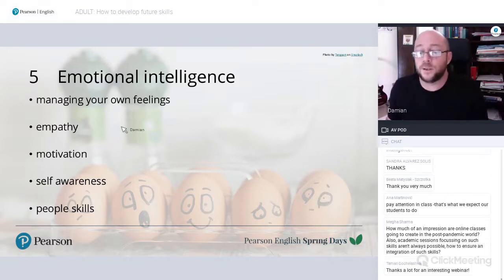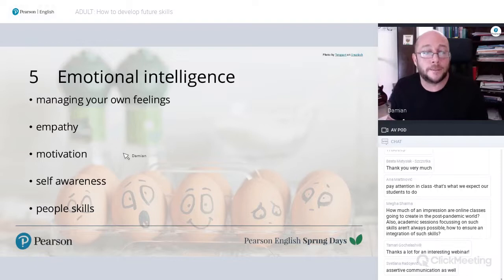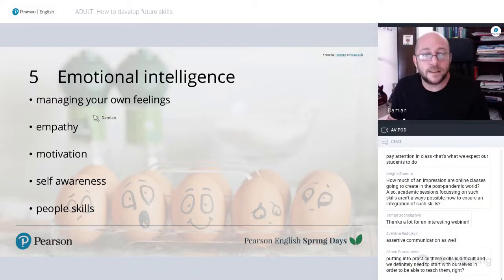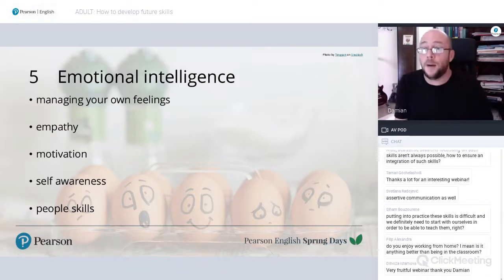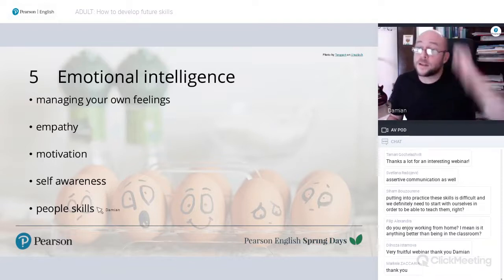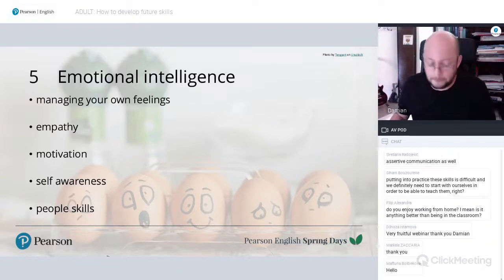Are they motivated purely because they enjoy studying? And it's helping students become self-aware of that and of their feelings and how to empathise. And then the last part of that was people skills, so it's building rapport. And that's where the social and cultural awareness comes into it as well.